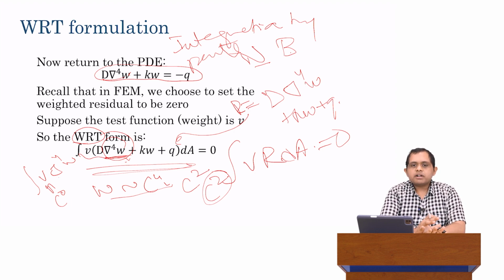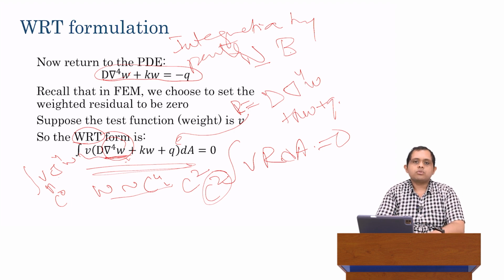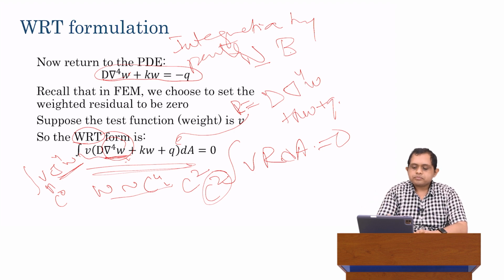Mathematically, there are a variety of reasons we use it, but the basic property of integration by parts is that it shifts the derivative from one term to another, which is exactly what we want. We have a fourth order derivative on W. We want to shift it around and put a second order derivative on V and a second order derivative on W.